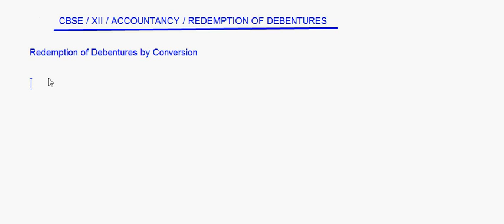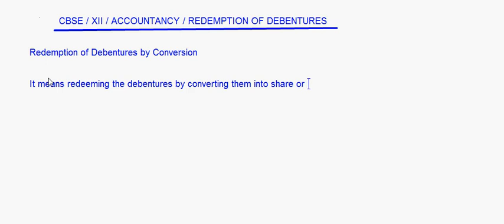So basically here it means redeeming the debentures by converting them into shares or new class of debentures.